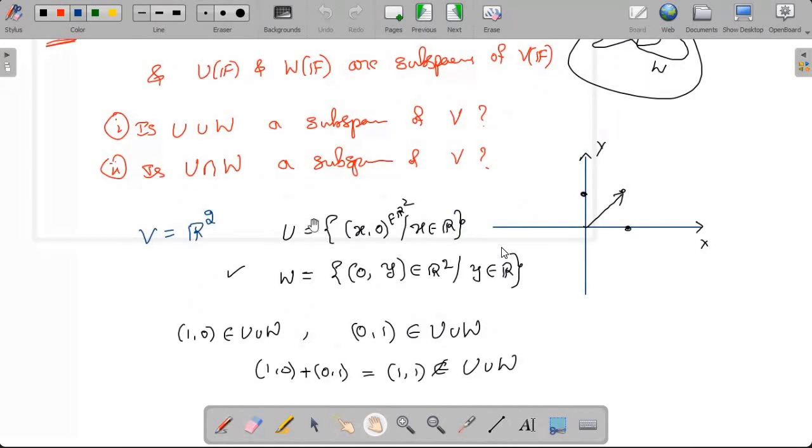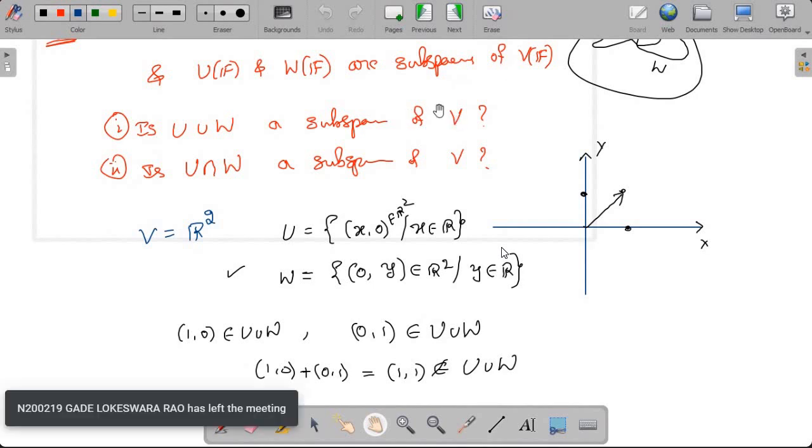So when it comes to intersection, in two cases, it is always a subspace, U intersection W. And of course, we can directly prove that U intersection W is a subspace of a vector space, but U union W need not be a subspace.